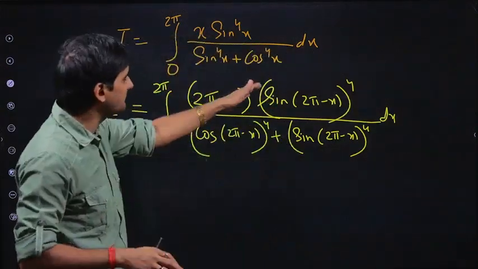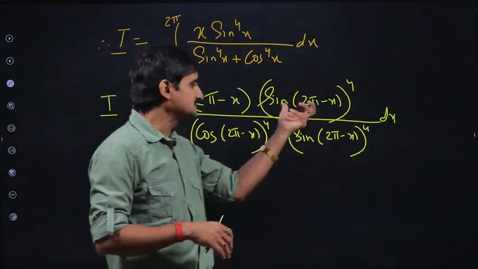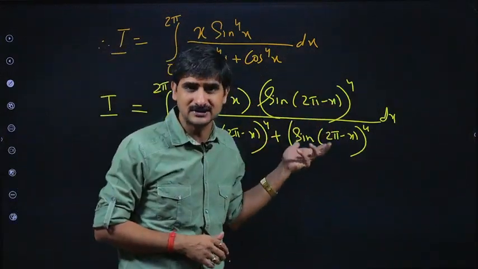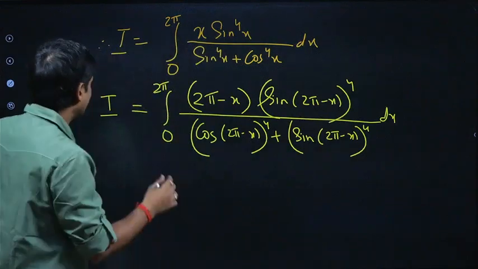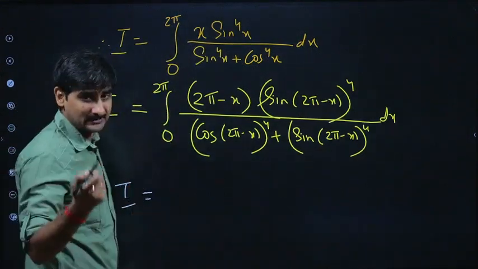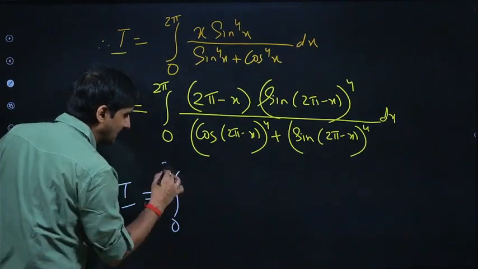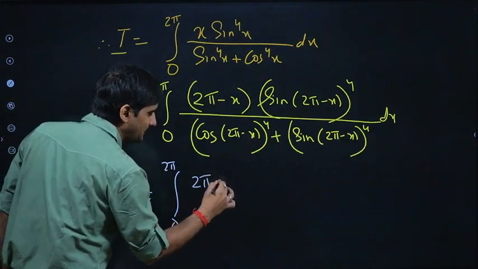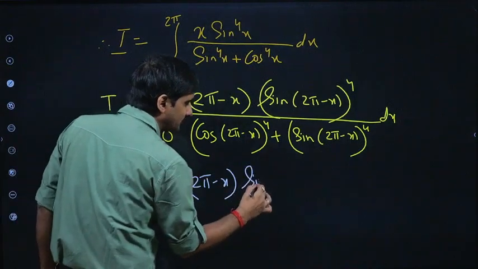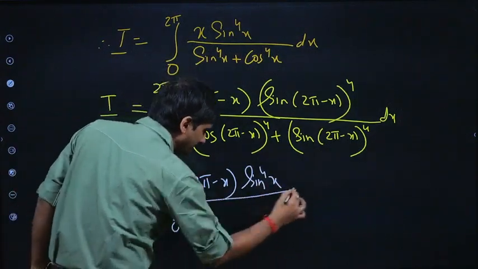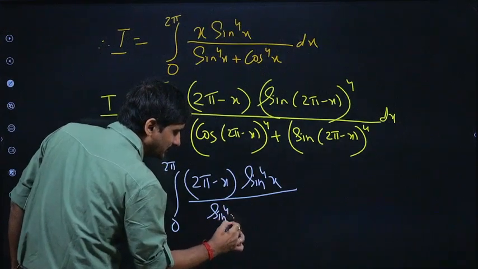But since we have even power, whether you replace it by minus sine x or plus sine x won't make any difference. Okay. So I can write I, after applying Bahubali property, as 0 to 2 pi minus x into sine raised to the power 4x upon sine raised to the power 4x plus cos raised to the power 4x.